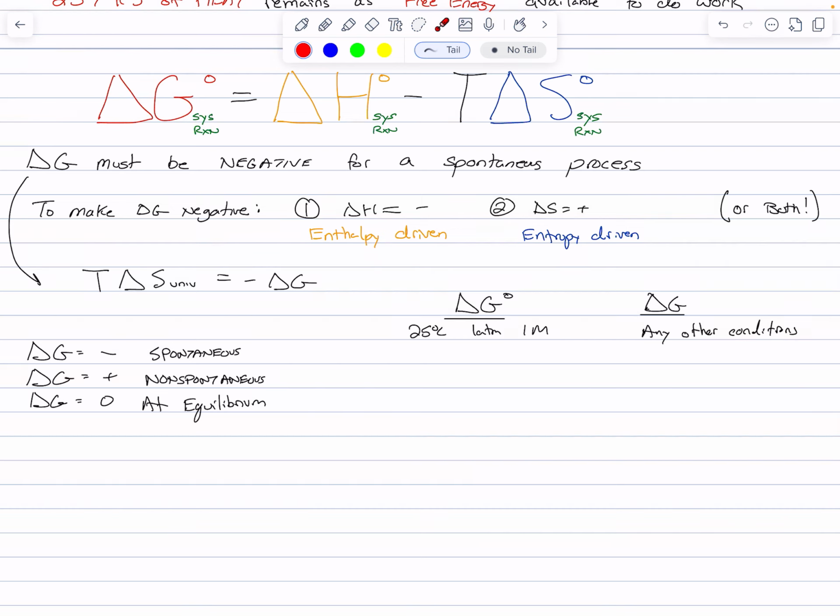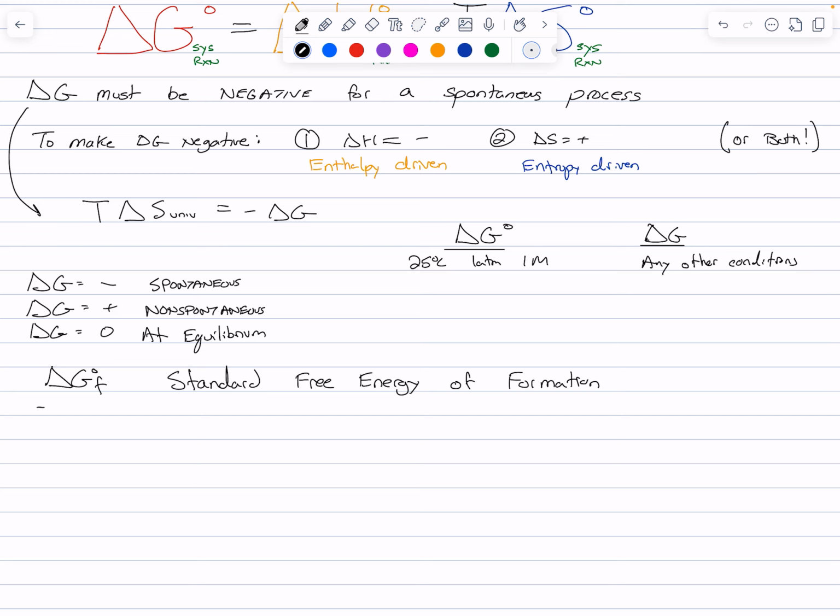The next way we're going to calculate delta G is with the standard free energies of formation. Standard free energy of formation. All right.